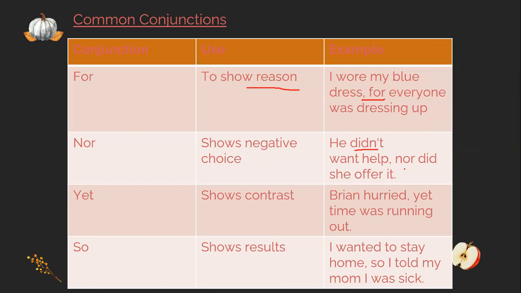Notice something: when I use nor, if there is did or didn't, I have to put did or didn't before the subject. There's just a slight change in the second simple sentence. If I'm using did or didn't, or do or doesn't, you have to put it before the second subject. So we didn't say here she did offer it.